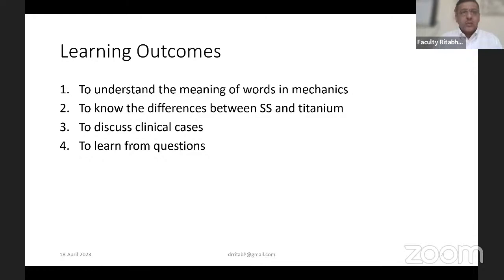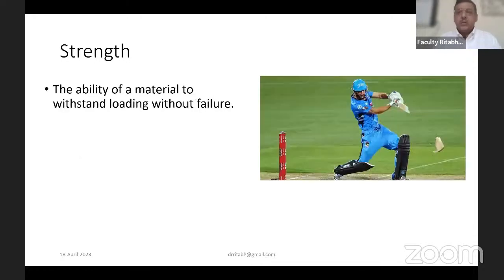So coming to the first word, we talk of the strength of a material, the strength of the implant. By strength, we mean the ability of a material to withstand loading without failure. We've seen so many IPL games, cricket around the world, and we rarely see the bat breaking.